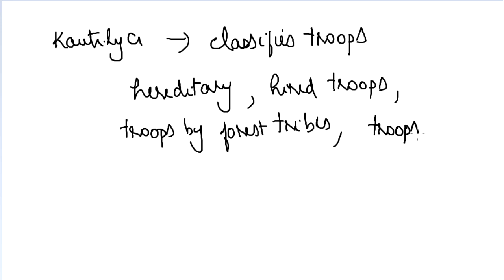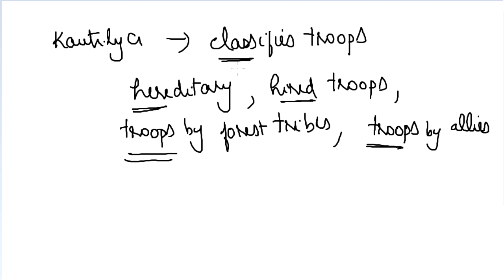Hereditary troops were there, then hired troops who were hired from different places, then the troops provided by forest tribes, and some troops supplied by the allies. So like this, the troops were classified by Kautilya.